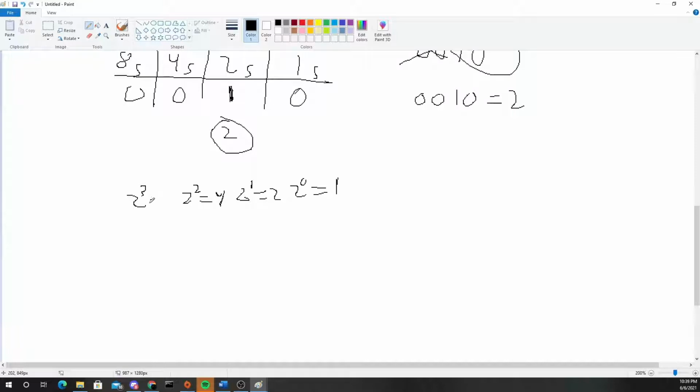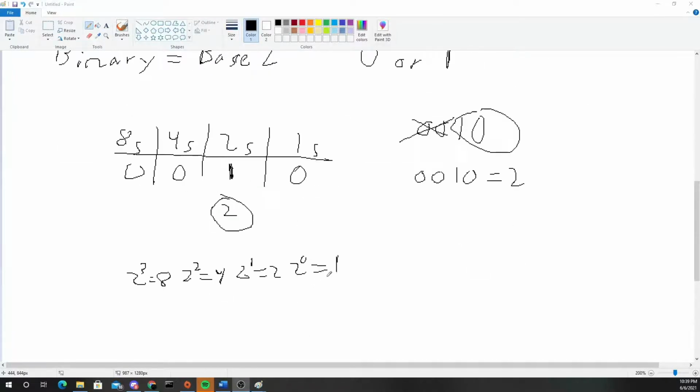And then 2 to the third would equal 8. And so you can see if we map it back up here, we have 1 for the ones place, 2 for the twos place, 4 for the fours place, 8 for the eights place. And it's called base 2 again because 2 is our base for the exponent.